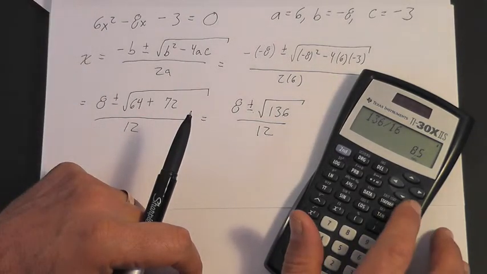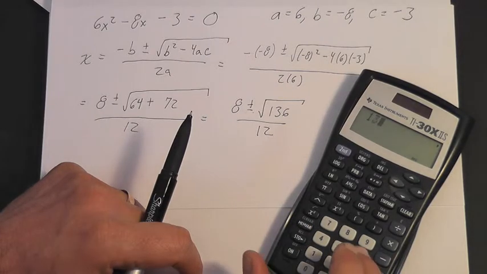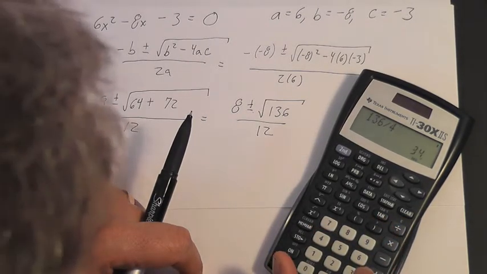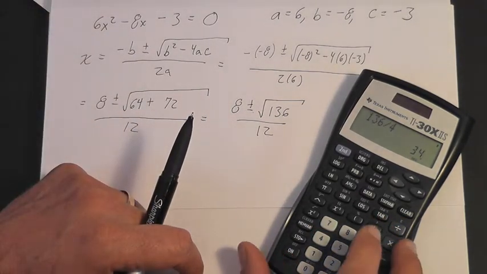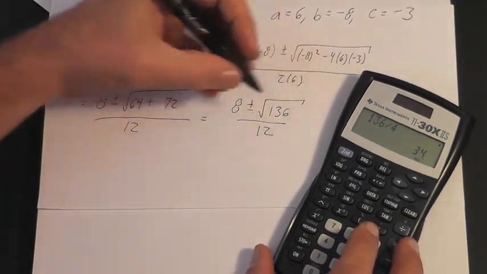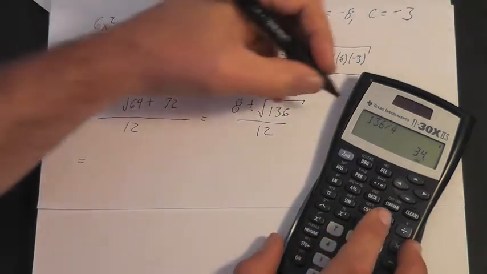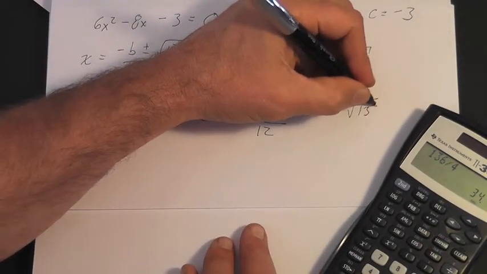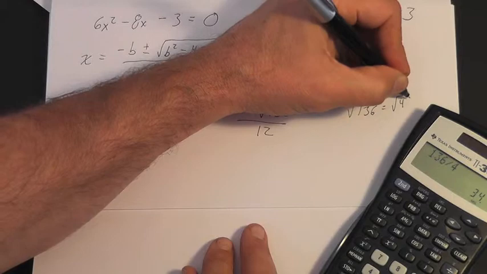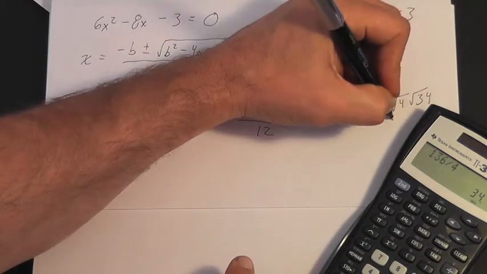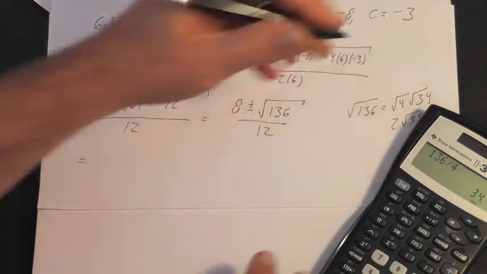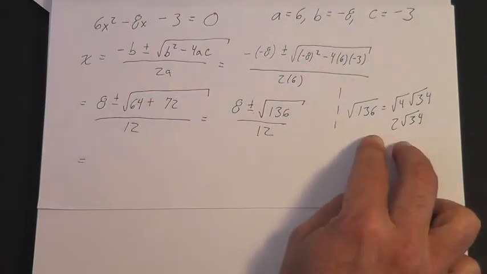It's 8.5, so it does not. Let's try 4. 136 divided by 4 is going to be 34. So that's 4 and 34. If the square root of 136 is the square root of 4 and the square root of 34, that's 2 root 34. A lot of times when I'm doing square roots, I do them off to the side.